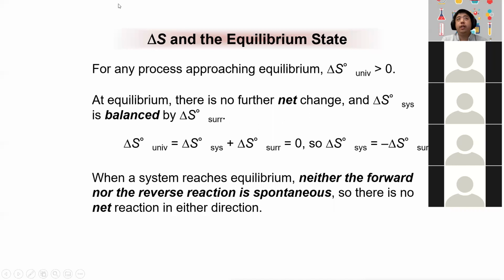So we can also relate delta S to our equilibrium expression. When we say a system has reached equilibrium, it's not going to move in the forward direction or reverse reaction. Neither of these is spontaneous. So I can essentially say that the delta S of the universe is equal to 0. Okay. If delta S of the universe is positive, that means I am shifting in the forward direction. So when I say something is spontaneous, I am saying that it will move forward on its own.